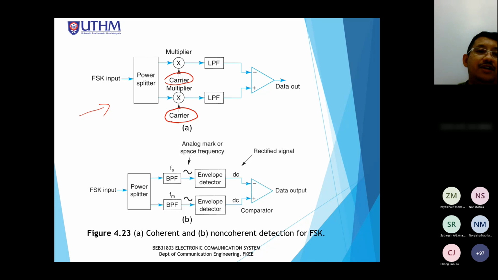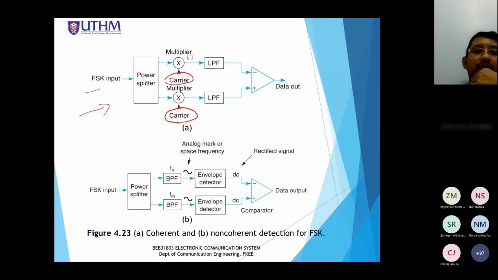Okay, so here, for example, we have a FSK input and then put inside the power splitter to split the power difference. And then we separate the difference of power, one to go to the first multiplier and the other one is for the second multiplier. Okay, then the multiplier will do the multiplication process mathematically, which will produce a lower sideband and the upper sideband.